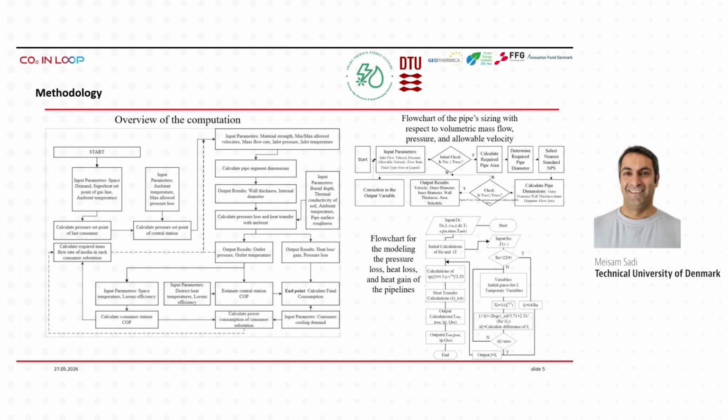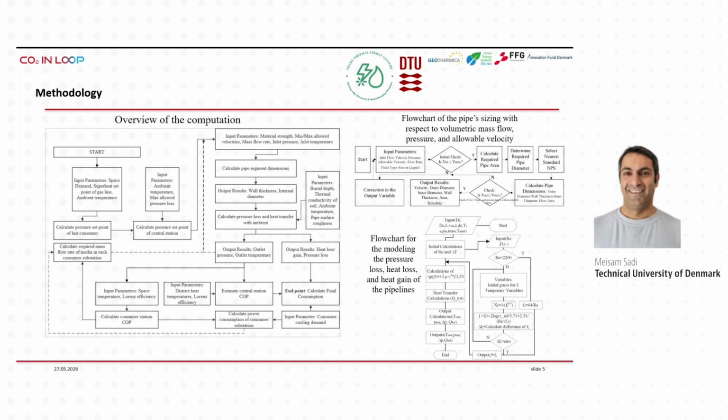The input variables are the ambient temperature, which is the heat source temperature, and the required customer temperature, which defines the heat sink temperature, and also the temperature of the network, which should be defined between the heat source and the heat sink temperature. Also, we consider the standard pipe size by defining the maximum allowable material stresses and the allowable velocity of the vapor and the liquid.